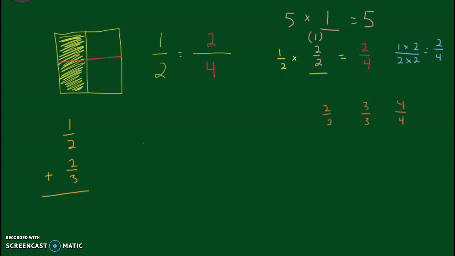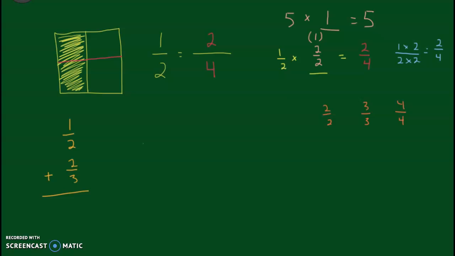Might need to go farther than that, but for now we'll start with those fractions. And remember, those are all equivalent to 1. And we know that in order to add fractions, they have to have a common denominator. And we're going to find common denominators using equivalent fractions.